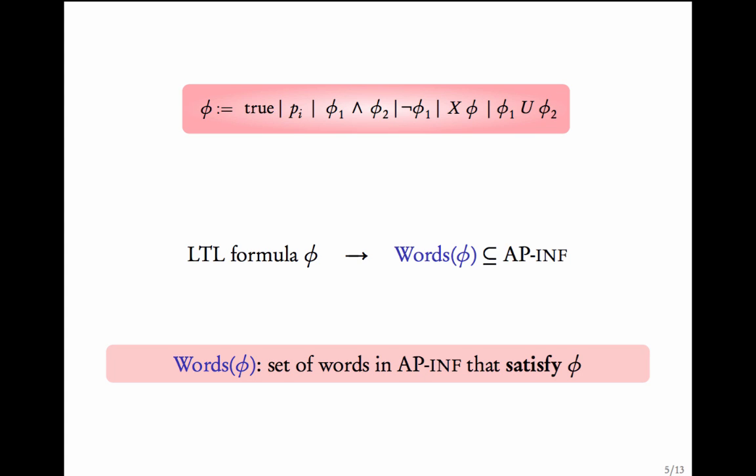Okay? This is how we are starting this module. We say that with every LTL formula phi, you can associate a subset of AP_inf. A subset of AP_inf is just a set of words. So essentially with every LTL formula phi, you can associate a set of words. In this module, we will be seeing what is the set of words that is associated with each LTL formula.